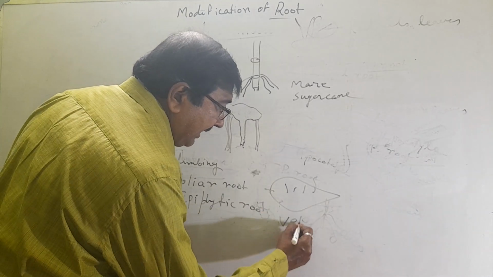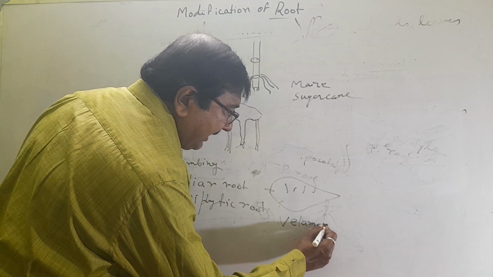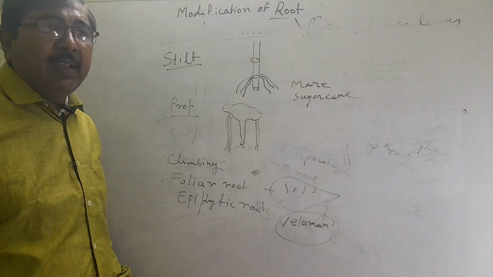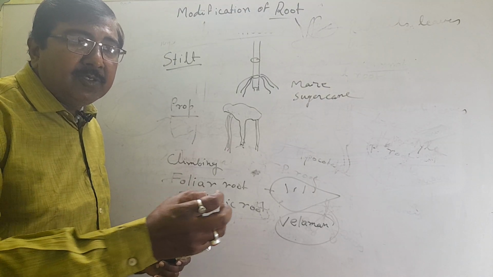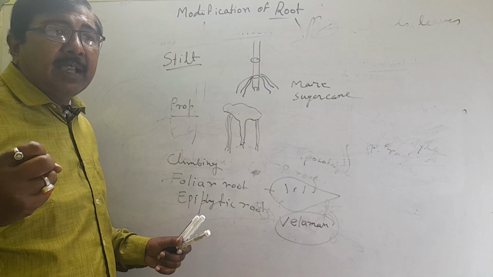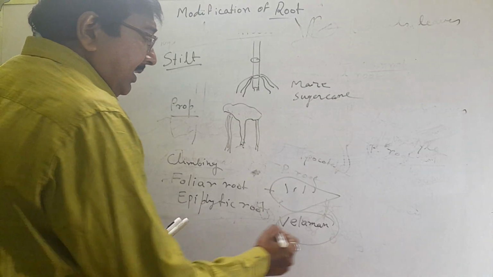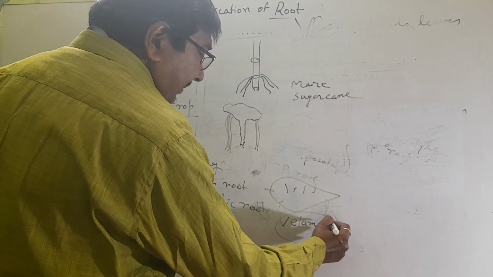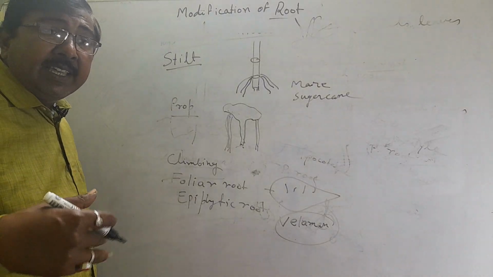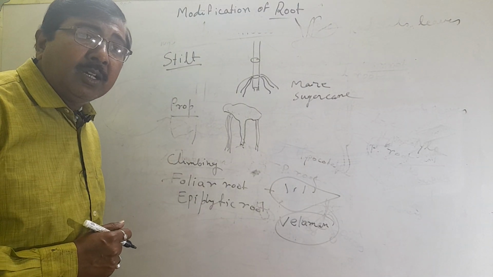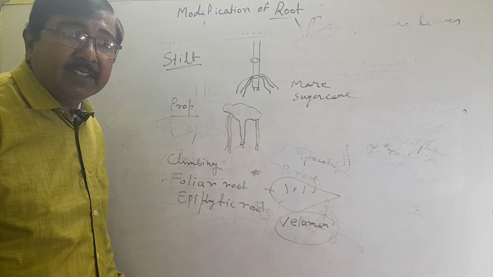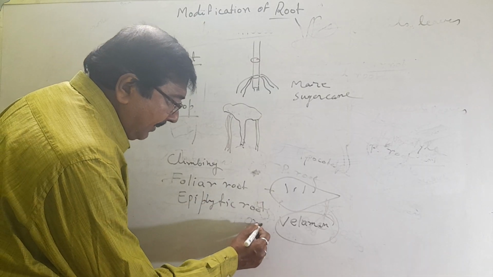Very important, velamen. What is its function? It absorbs moisture from the air. These are the epiphytic roots. Example is orchid.